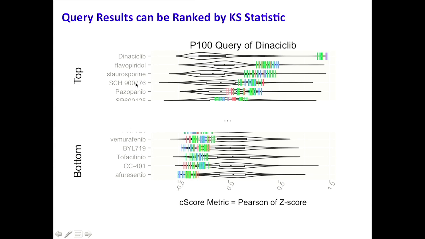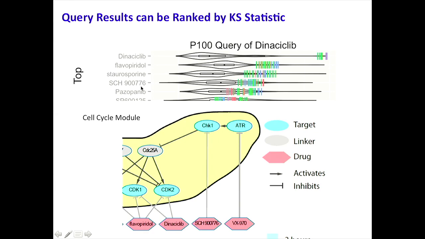And then the fourth drug down the query list is this SCH 900776, whatever that is. But it turns out that SCH 900776 is a CHEK1 inhibitor. And if we go back to our pathway projections, we can see that CHEK1 does feed down into signaling and control of CDKs. And so quite nicely, the query has recapitulated this little bit of this signaling network, and we can infer that these things might be working in some sort of coordinated way.